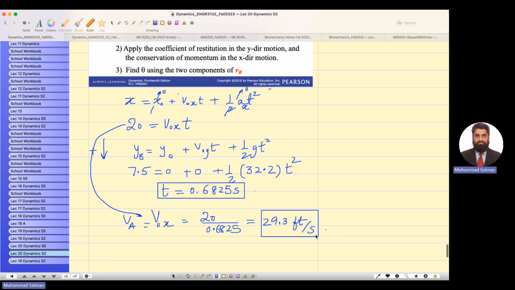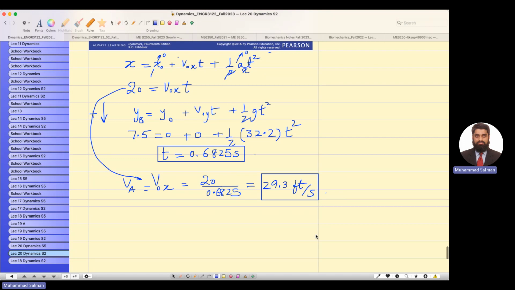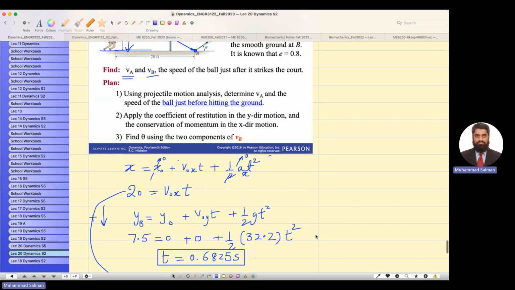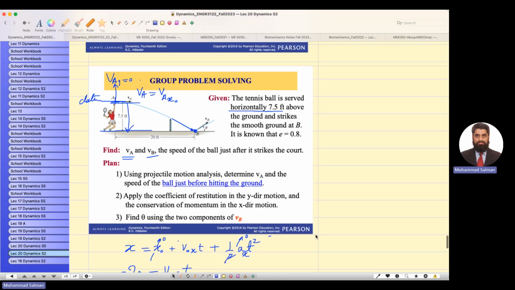You see, we are still reviewing the projectile motion. Now the y velocity component. I want you to find VB y component, so let me show you what VB is, the velocity when it lands on the ground.